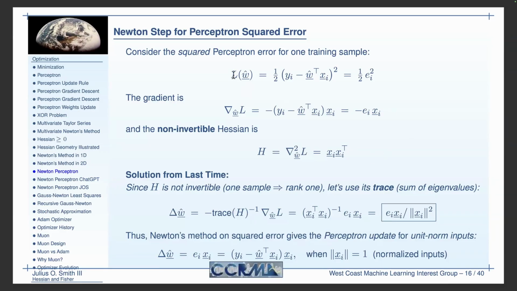Okay, so our loss function we defined as the squared perceptron. So we've squared the margin here, and you put the 1/2 in there just so that when you differentiate, it goes away. So here's now the gradient, and it looks like the ordinary perceptron step, except that this is the error, so it would actually be 0 or 2 as opposed to 0 or 1.